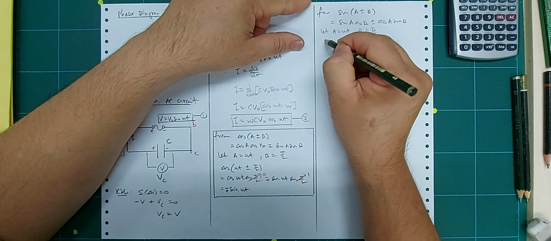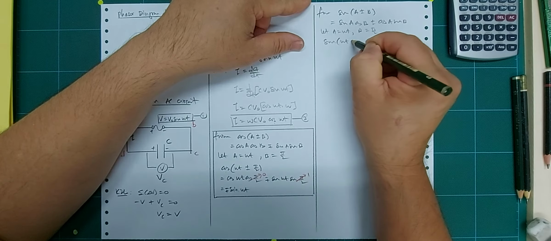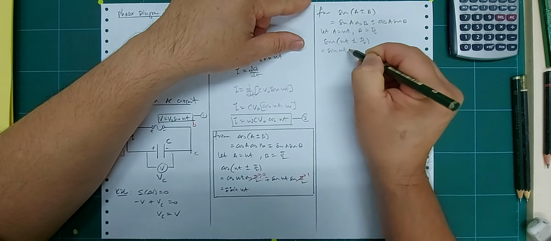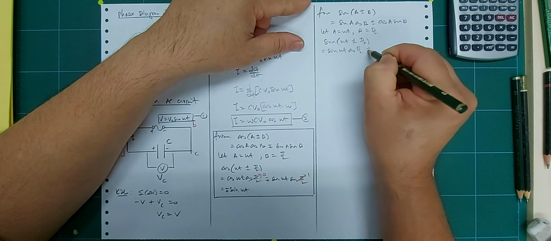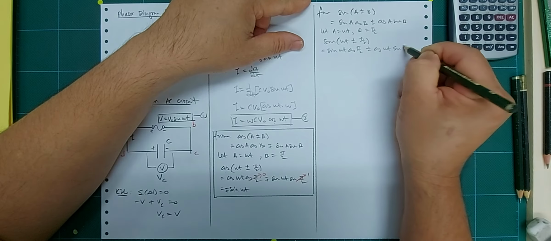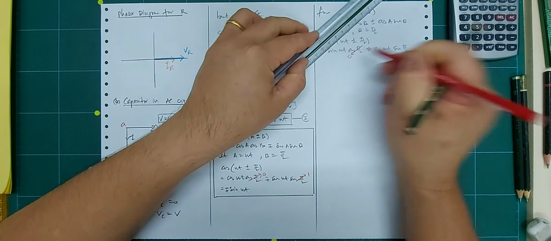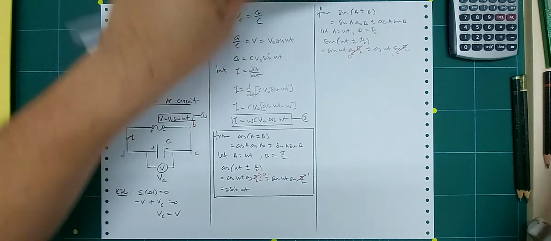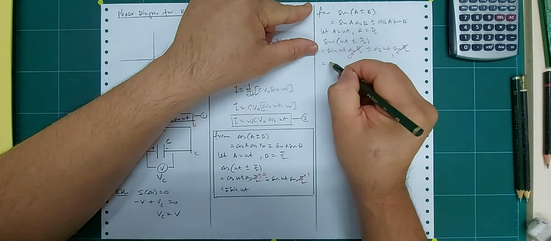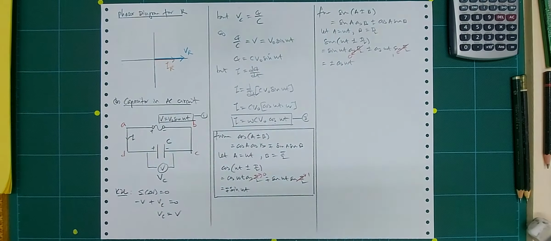So sine of omega t plus or minus pi over 2 gives sine omega t cosine pi over 2 plus or minus cosine omega t sine pi over 2. Again, the first term becomes 0 and sine pi over 2 becomes 1. Simplifying, we get only plus or minus cosine omega t.